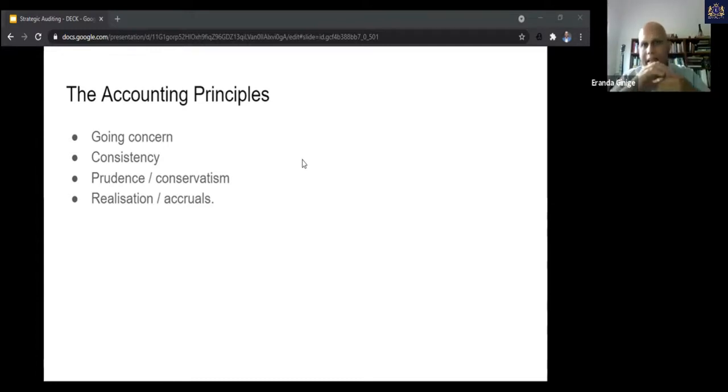Usually the audit happens towards the latter part of the year or immediately after the financial year, and there's a very limited window where you have to do your audit and then prepare the report and present it.